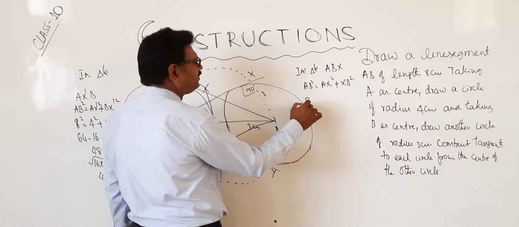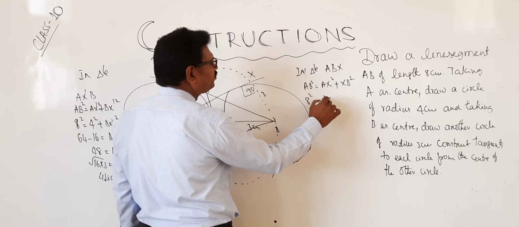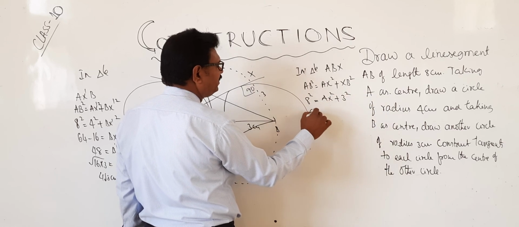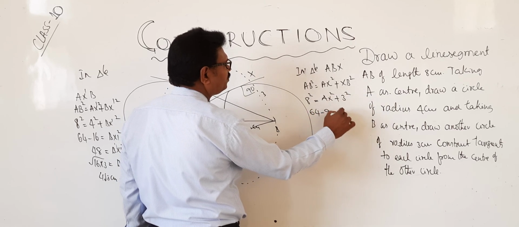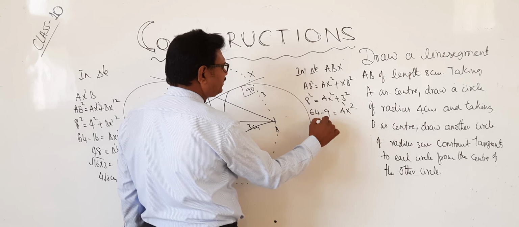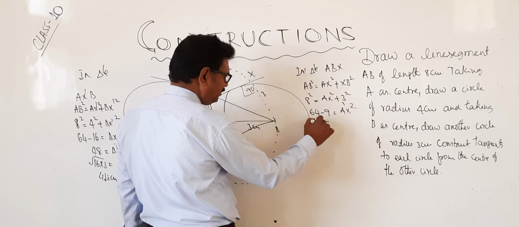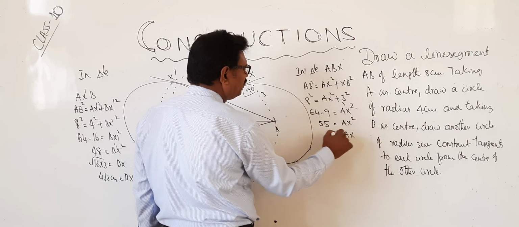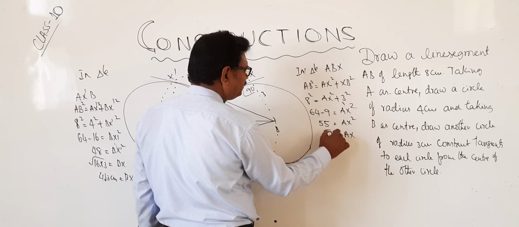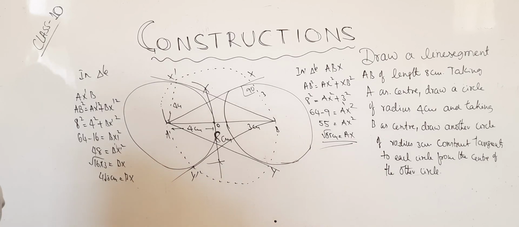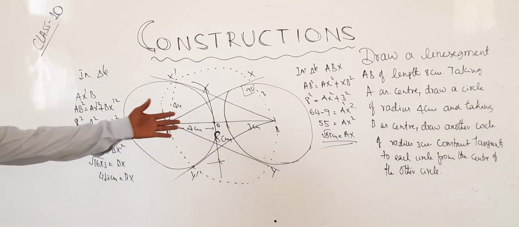So AB square, 8 square is equal to AX square as it is, and XB square is 3 square. 64 minus 9 is equal to AX square. 64 minus 9 means 55 is equal to AX square. Therefore, AX equal to square root of 55 centimeter. Okay, like this. Yes. One is 4 root 3 and one more is root 55.